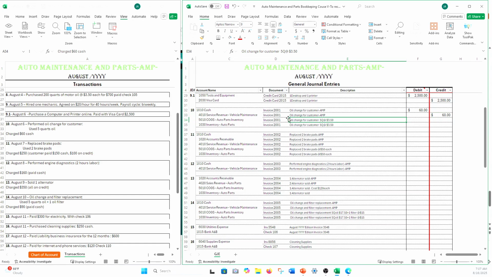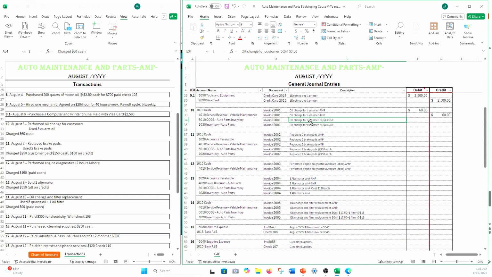But at the same time, I want you to keep in mind that when you do this, you have already set up that you sell the part. And in this case, you used 5 quarts of oil. So we say that each quart of oil we purchased for $3.50.